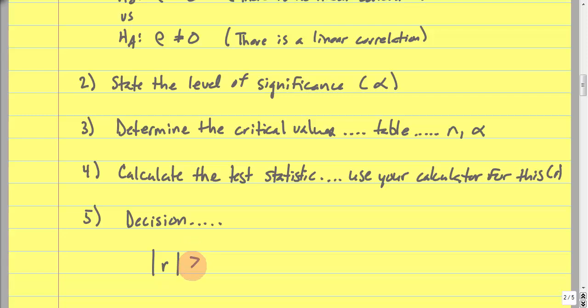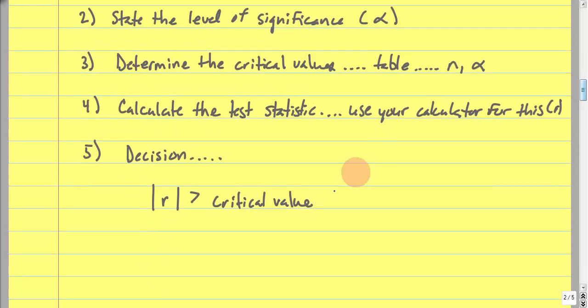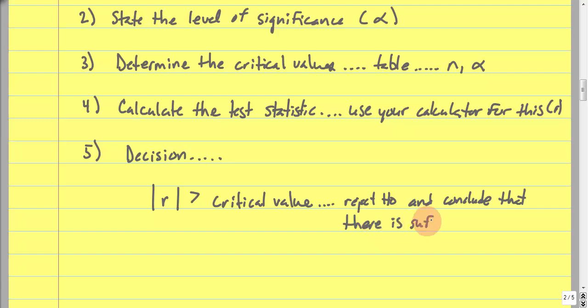If the absolute value of R is greater than your critical value, then we would make the decision to reject the null hypothesis. And that's H0. So we would reject H0 or reject the null hypothesis. And then from here, then we would conclude that there is sufficient evidence to support the claim of a linear correlation.